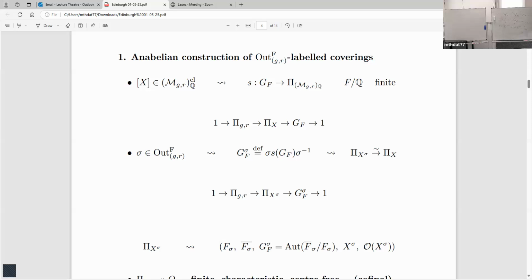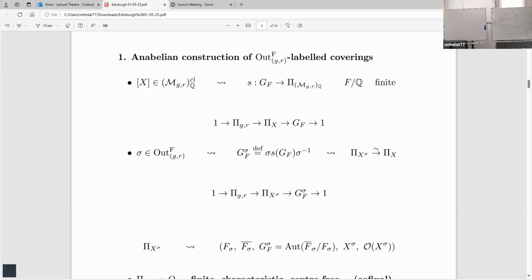Okay, so how does this work? You start with a closed point in M_Γ. This gives rise to a quasi-section of the projection from π_1 of M_Γ to G_Q. F is a number field, so G_F is an open subgroup of G_Q, and you have a section or quasi-section from G_F. Of course, this section is only defined up to conjugation.